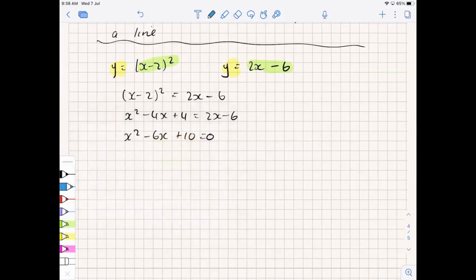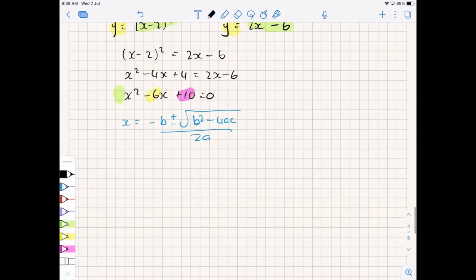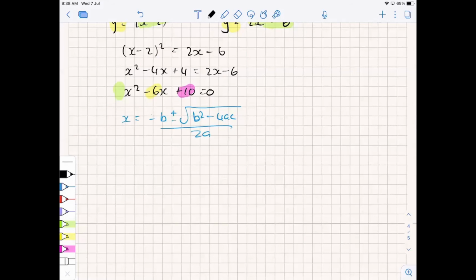So we have x equal to minus b plus or minus the square root of b squared minus 4ac over 2a. Our a is just 1, our b is negative 6, and our c is 10. Let's put the numbers in and see why we're not getting any solutions. So minus b is just going to become minus 6, which is just 6, plus or minus the square root, right?